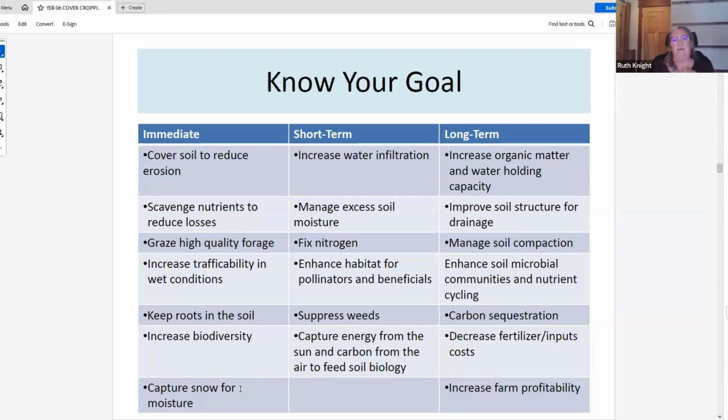Definitely our long-term goal is to improve profitability and decrease some of our input costs, and enhance the organic matter and the nutrient holding capacity. So it's helpful to know in your goal what your expectations are and also what you're trying to address.